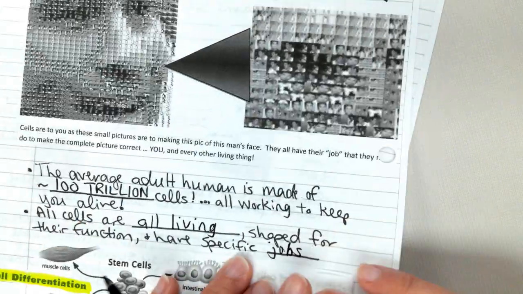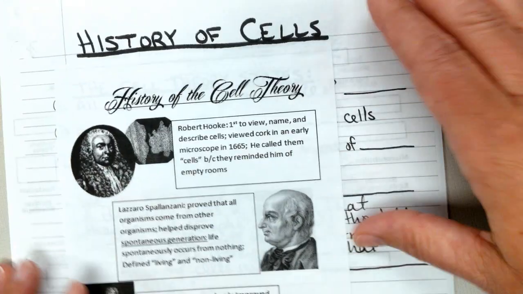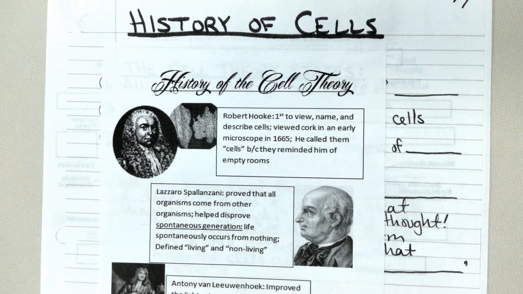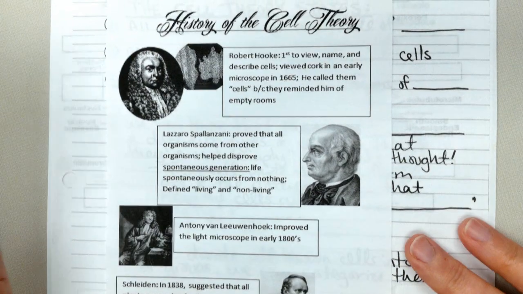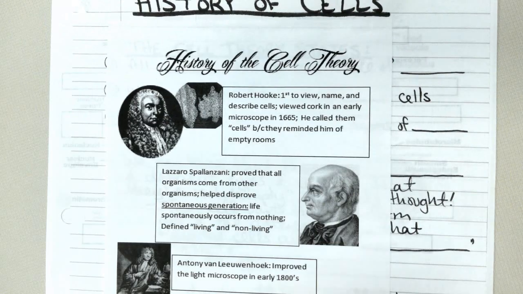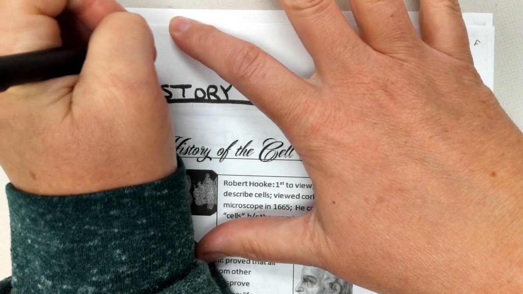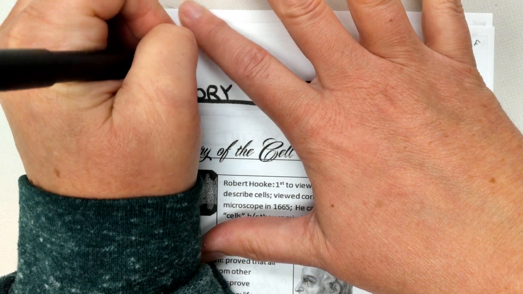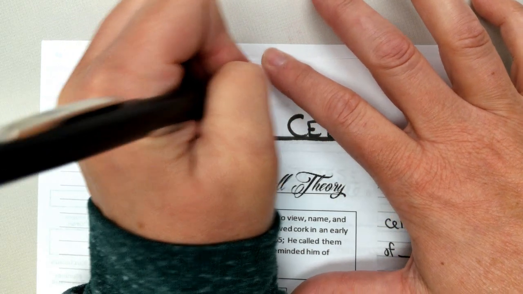Okay, so let's talk about the history of cells, y'all. Before we had technology to view cells under microscopes, we didn't know they existed. So there used to be a theory called spontaneous generation.